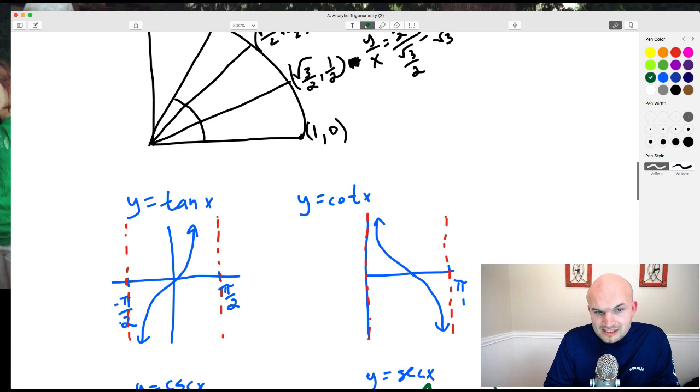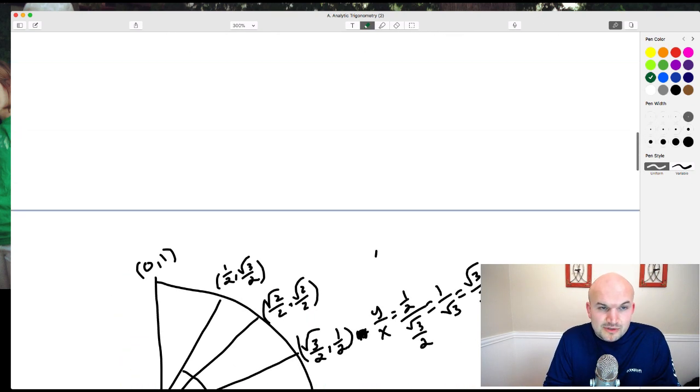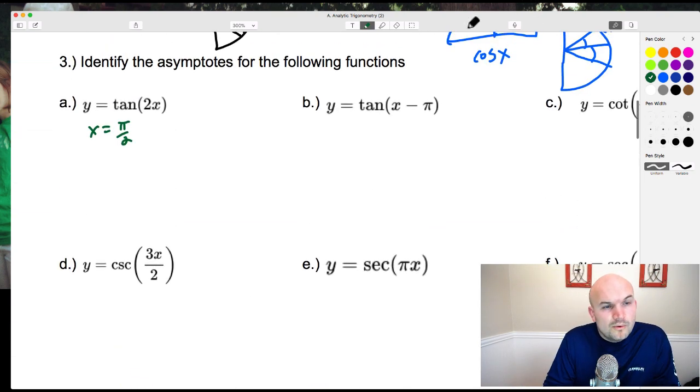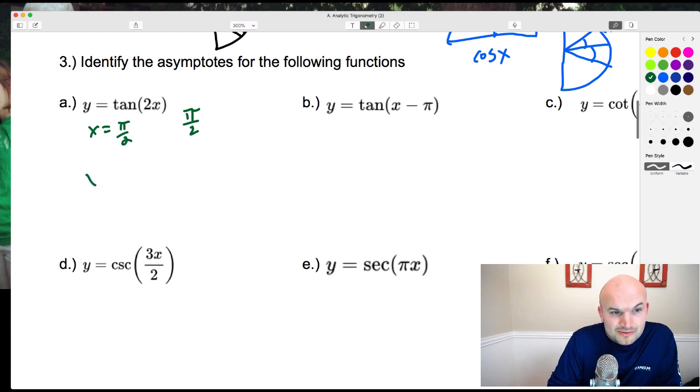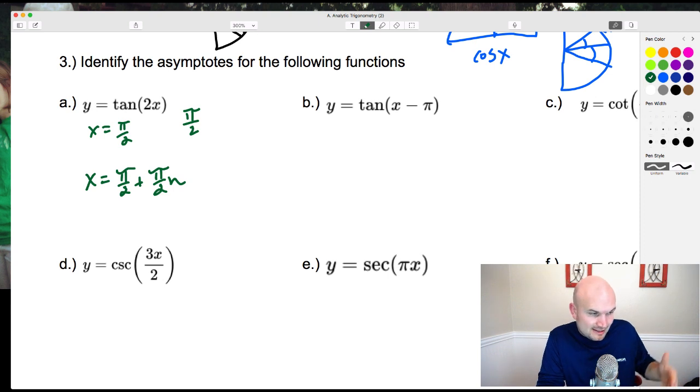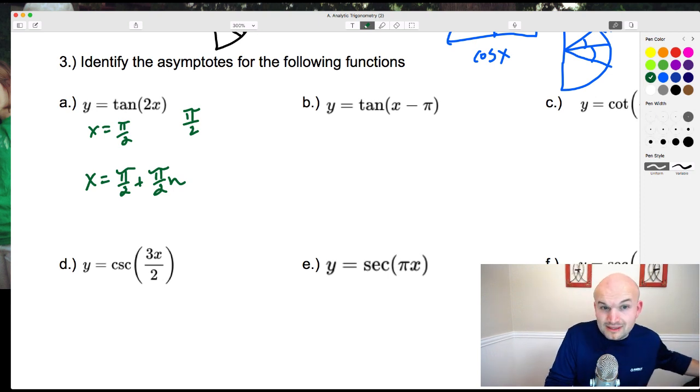Whatever the period is, that's how often the asymptotes occur for tangent. The period here, though, is not pi. The period is pi divided by b, so we have pi divided by 2. Therefore the asymptotes in this case are x equals pi halves plus pi halves n, and n represents the number of times I can add the period in the positive or negative direction.